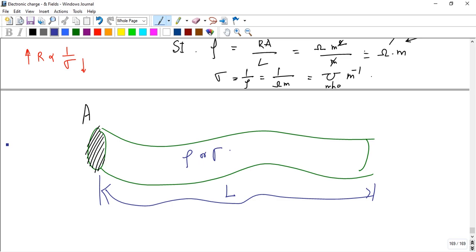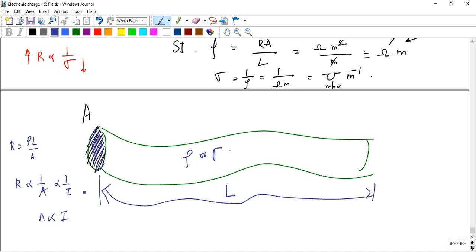So R equals rho L by A, so R is inversely proportional to A. R is also inversely proportional to I, so A is directly proportional to I. More cross-section area means more current.